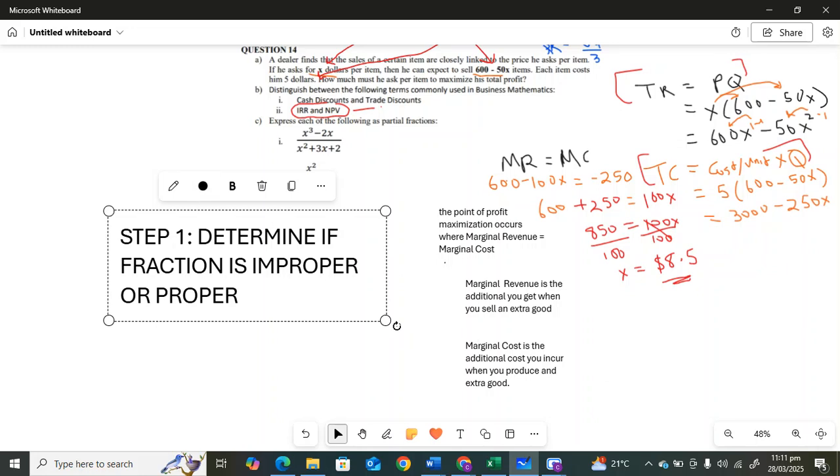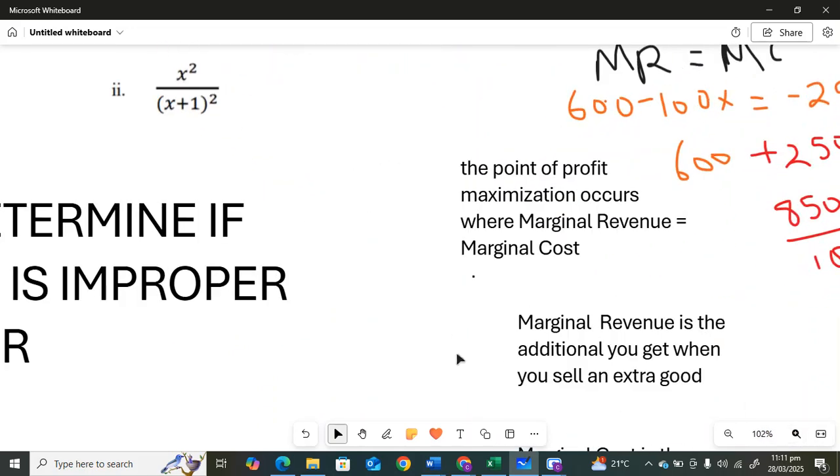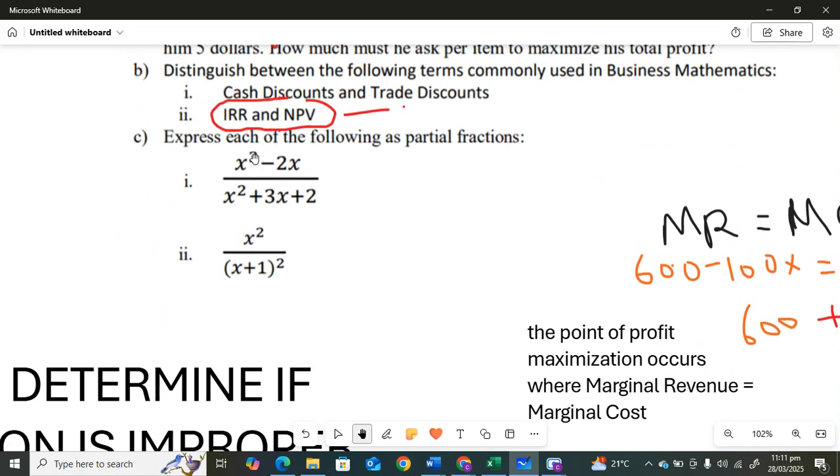When I say the leading exponents here, for our numerator, the leading exponent is x to the power 3. This 3 is our leading exponent for the numerator. For our denominator, the leading exponent is this 2, the x to the power 2. That's the exponent you're going to look at. You're going to compare the exponent for the numerator and the denominator.